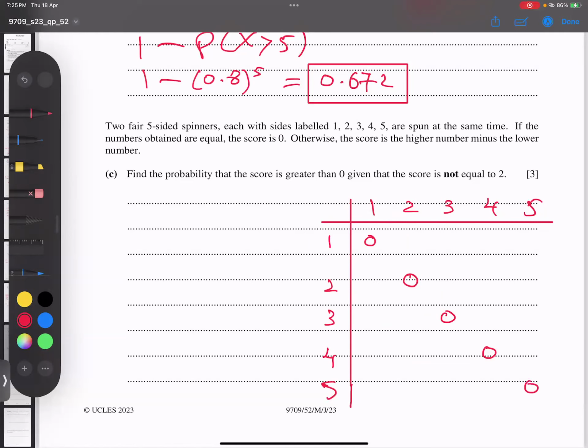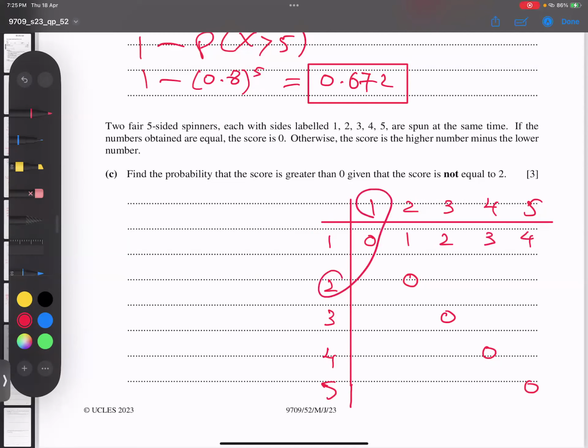Now it says otherwise, higher number minus smaller number. For example, 2 and 1. 2 is higher, 1 is smaller. So 2 minus 1 gives us 1. 3 minus 1 gives us 2. 4 minus 1 gives us 3 and then 4.